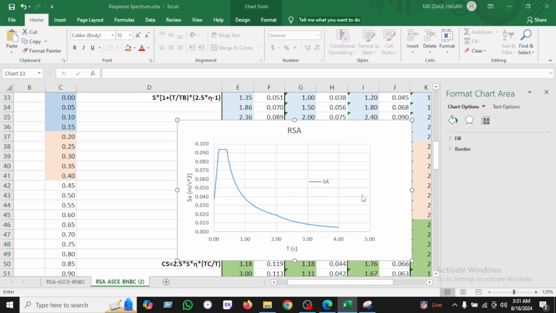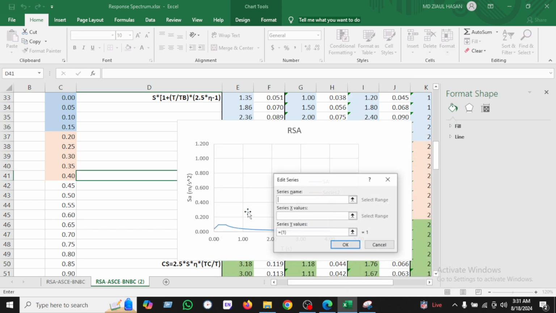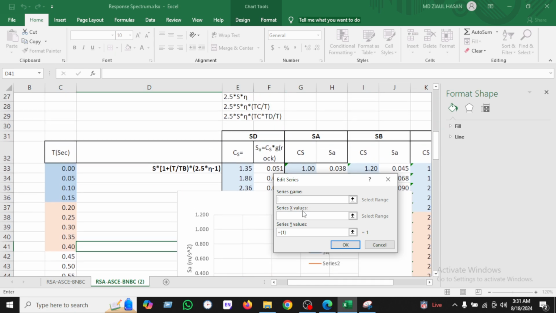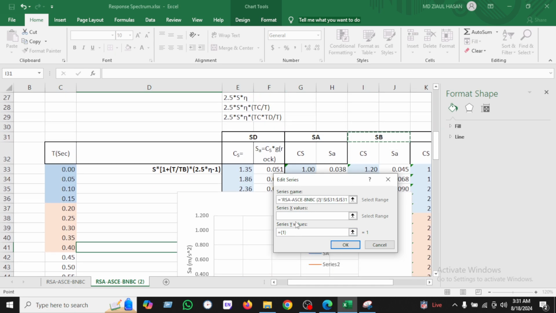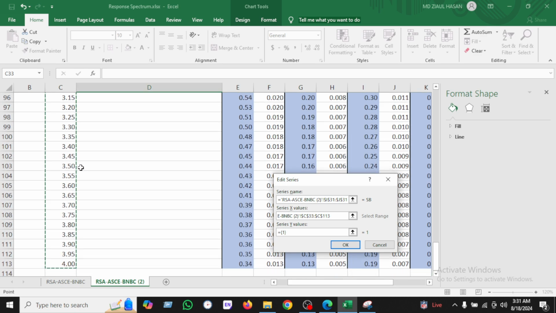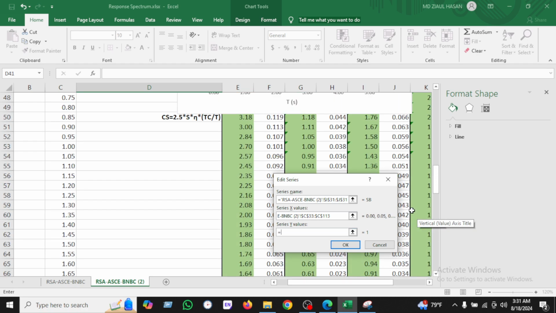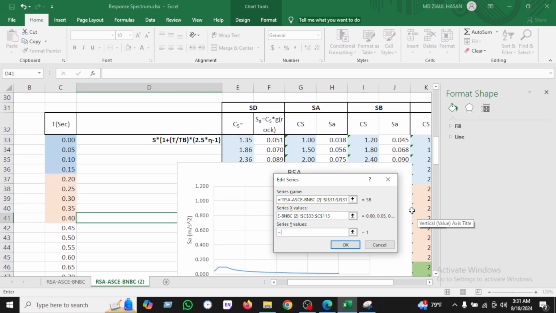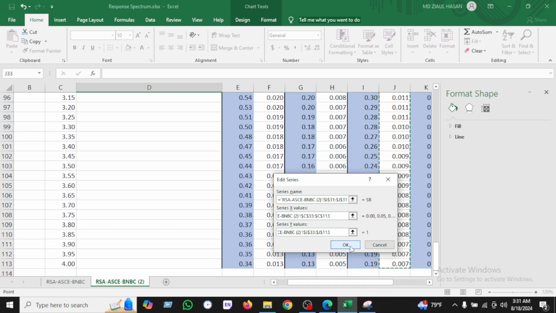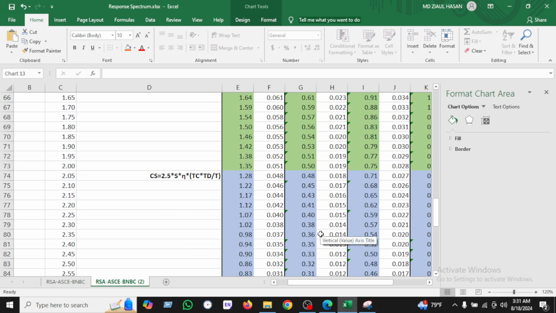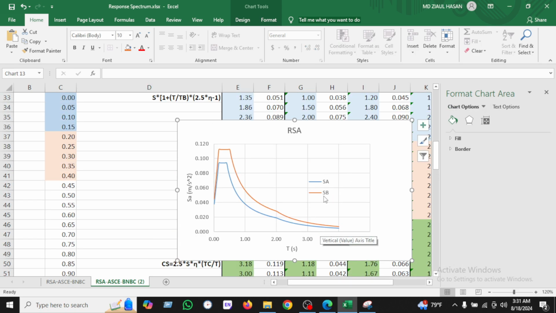In this way we will add SB. The x-axis is time period here, and the y-axis will be spectral acceleration SB.